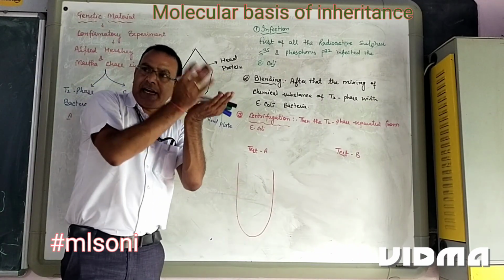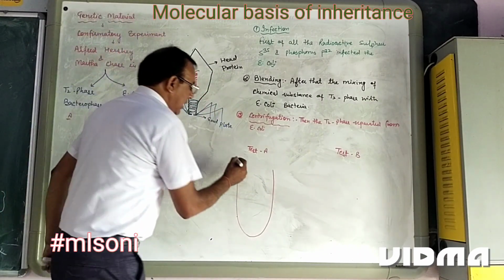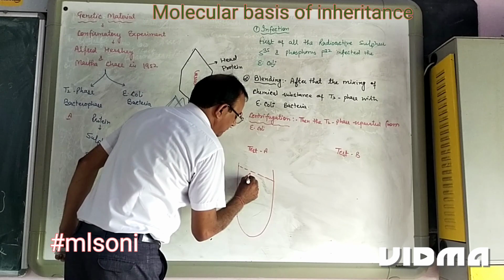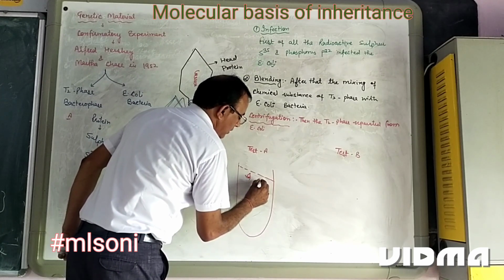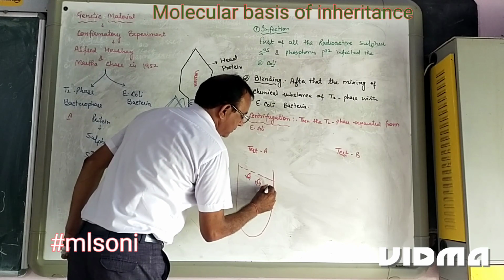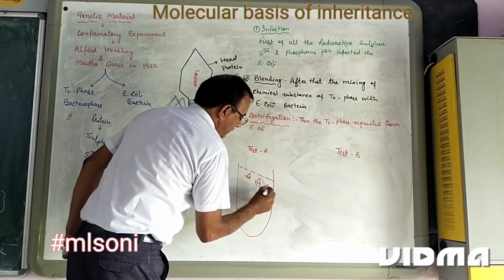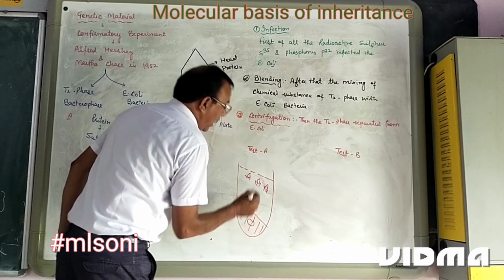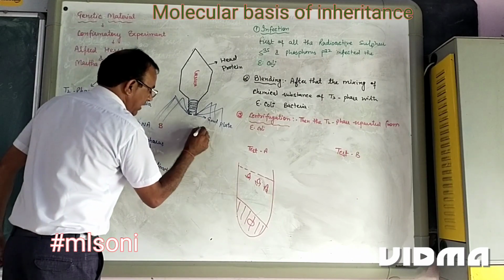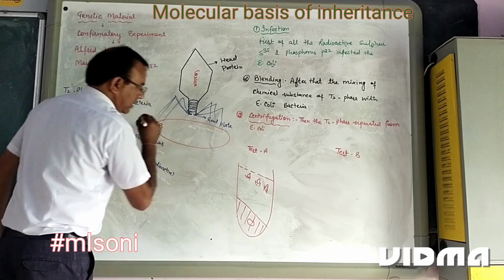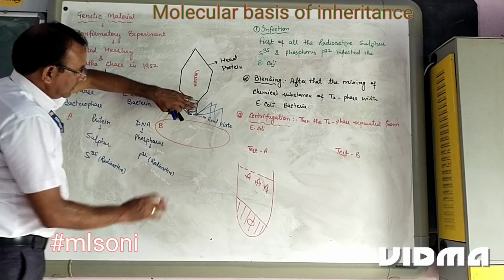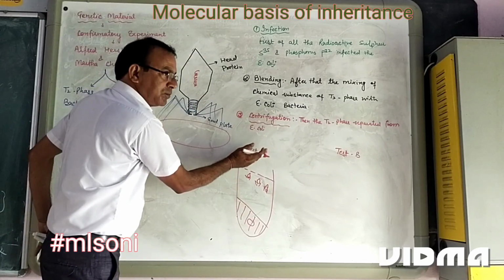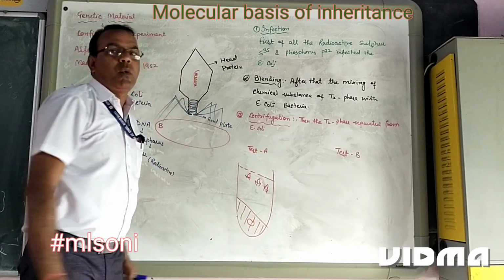The lighter one, the T2 phage, remains on the upper side, and the heavier pellet is the bacteria, E. coli. This virus, or T2 phage, is lighter than the bacteria, so it remains on the upper side, and the pellet of bacteria remains on the lower side.